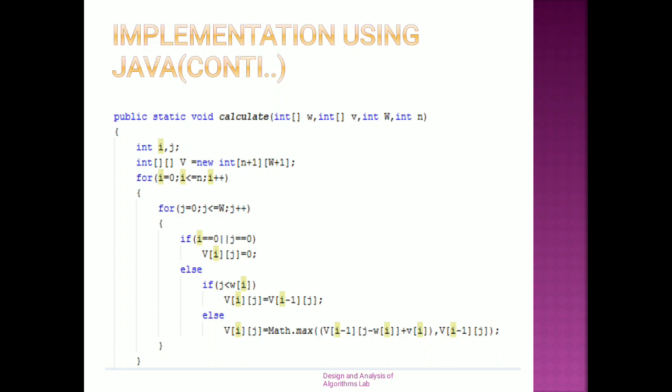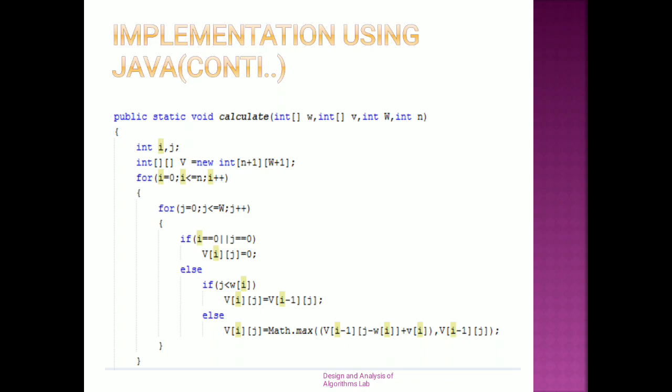In the first if case we cannot include the item. Now in the else part, we can include the item. If we can include the item, then we have to consider the max of the previous value, that is, max of V of i minus 1, j and V of i minus 1, j minus w of i, plus v of i. It is the same recurrence relation I have written, only the terms are interchanged.